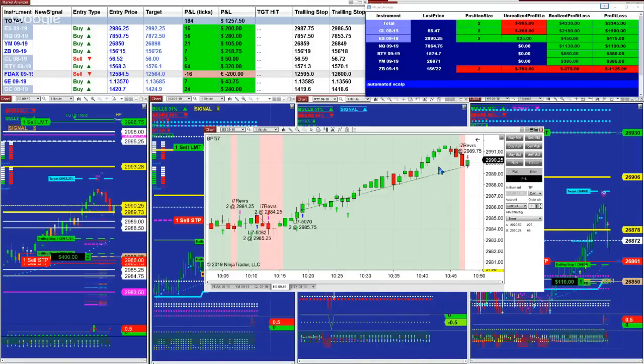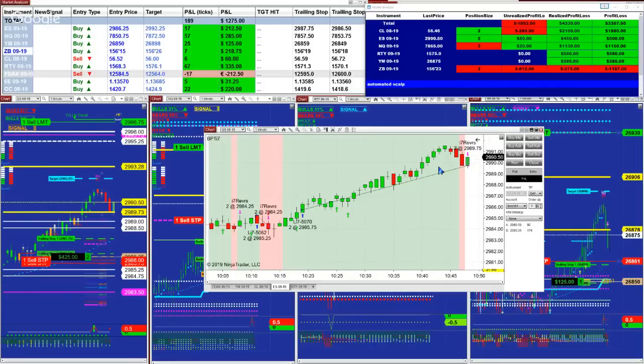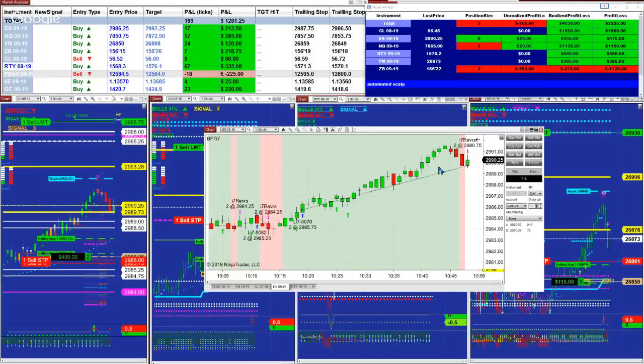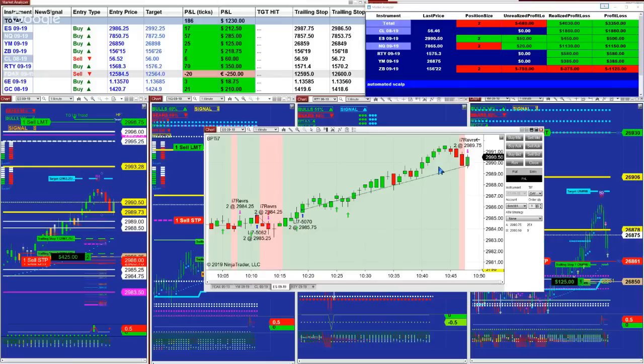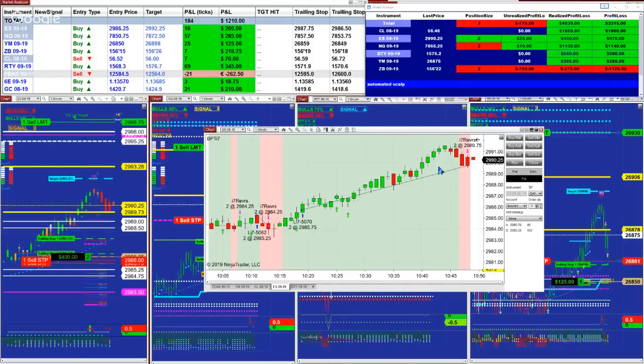The only time you're going to get out of it is if it turns red in the background. Once it turns red in the background, your auto trade is going to override you and close your position, and this is perfect.